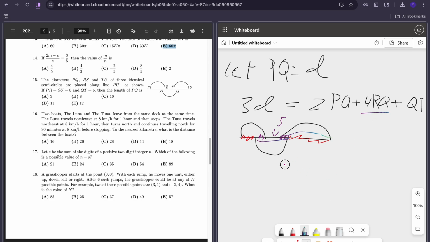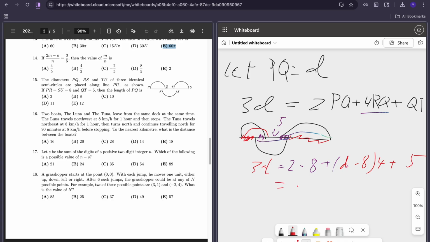Okay, to solve this, we substitute numbers, so 2 times 8 plus 4 RQ. What is RQ? RQ is D minus 8. So 4 times that, plus QT 5, is equal to 3D.